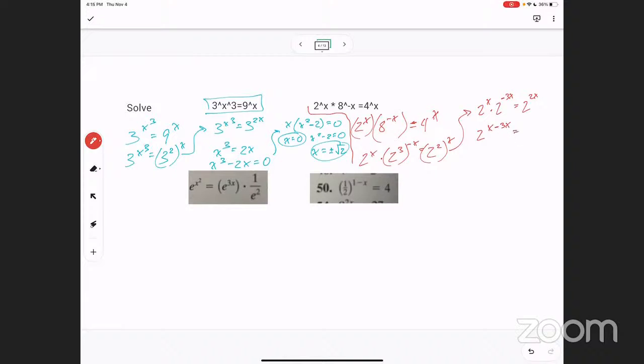Got it? Equals 2 to the 2x, which means 2 to the negative 2x equals 2 to the 2x, which means negative 2x equals 2x, just setting the exponents equal to each other. Which means negative 4x, just moving them all to the left, equals 0, which means x equals 0.